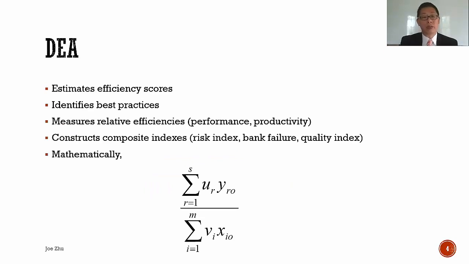And when you read the DEA papers, you will see that DEA estimates efficiency scores, identifies best practices, and all these things. And some papers will say, construct composite indexes. Personally, I would prefer to call DEA a tool to construct a composite index. That particular index can be a risk index. There are papers about predicting bank failure. There are papers in particular in healthcare areas that use DEA to build a quality index.